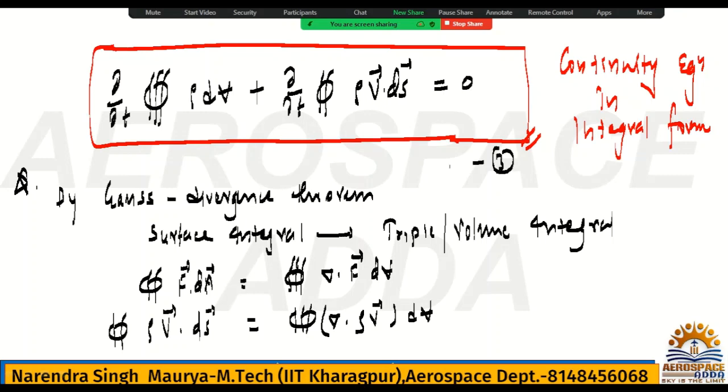So this is equation number 3. In equation number three, instead of the double integration rho v dS, you can write this triple integration grad dot rho v vector. Grad is the vector operator, and I will tell you what the meaning of grad is.